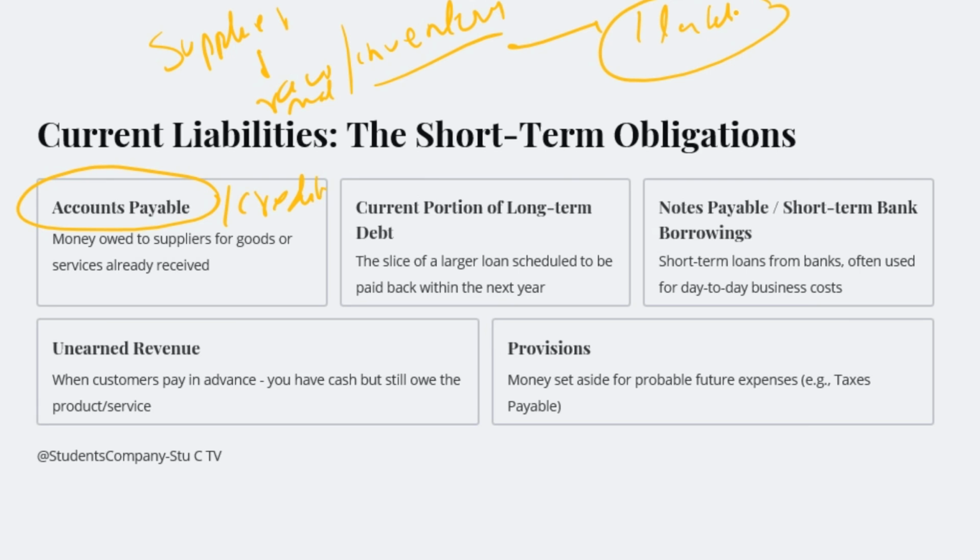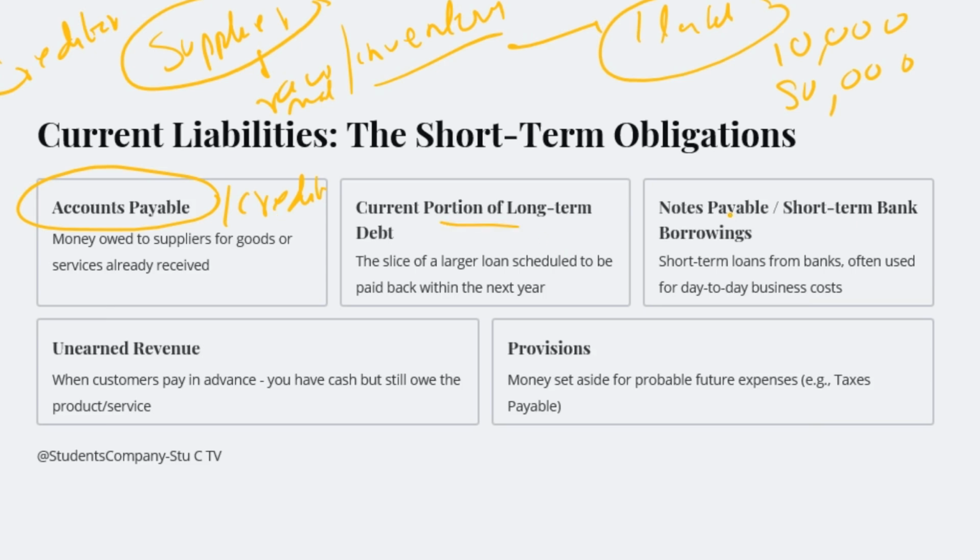Now this 1 lakh you will not have immediately. So in that case, you will tell the supplier that I will give you 10%, 10,000 now, and the remaining 90,000 I will give you once I receive income from my sales. Let me sell all my inventory, then whatever money I get within 2-3 months, I'll pay you back. So again, you are taking credit from the supplier. So he becomes a creditor, and that amount becomes accounts payable. It is a current liability. You have to pay it within 12 months.